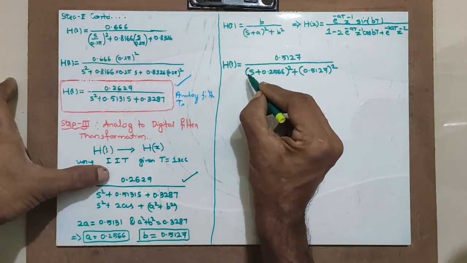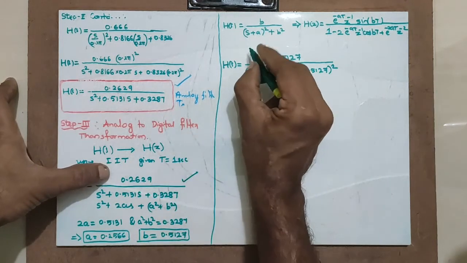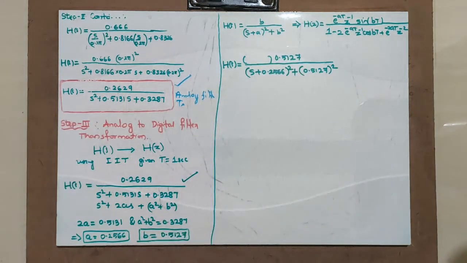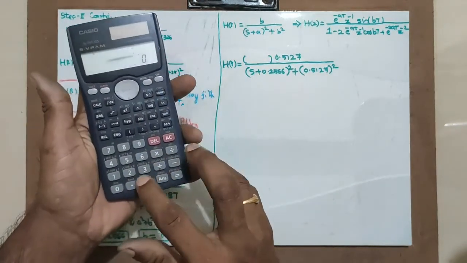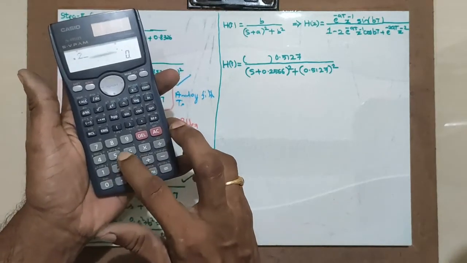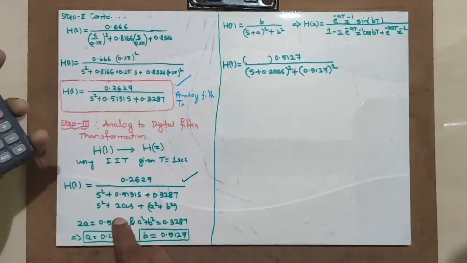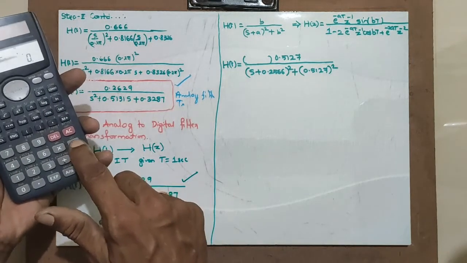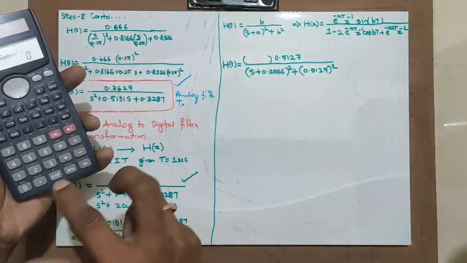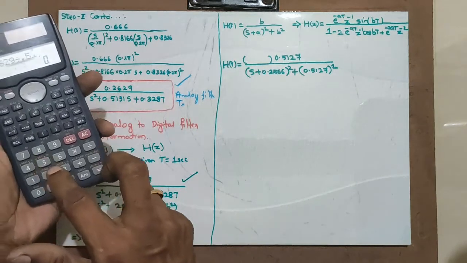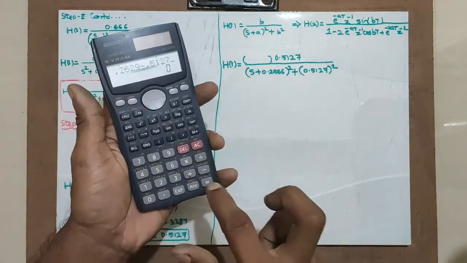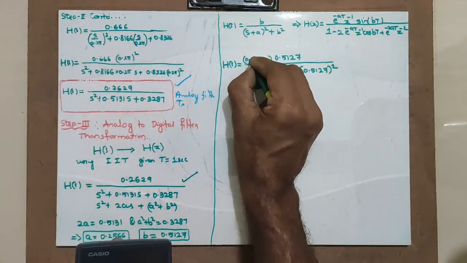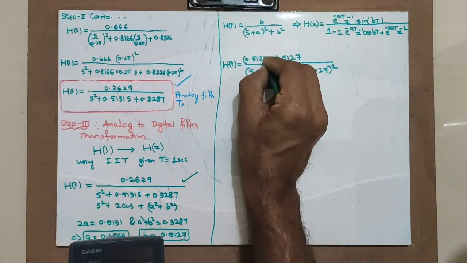Hence to obtain 0.2629, I should have a multiplying factor here, right? I will get that multiplying factor by simply taking 0.2629, whatever was originally there, divided by this b, 0.5127, which gives me 0.5127 again.